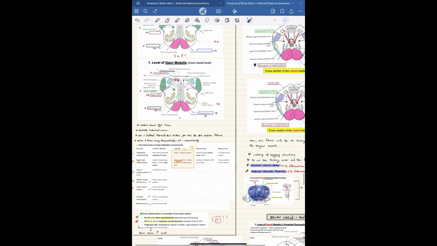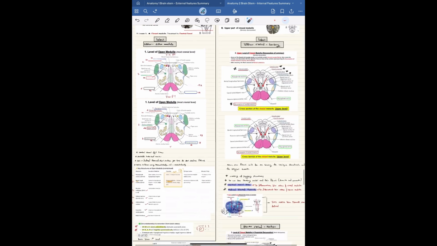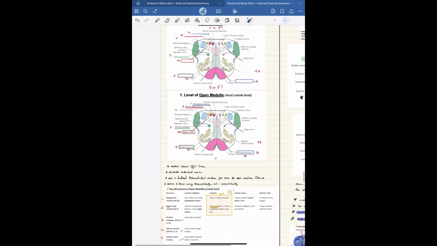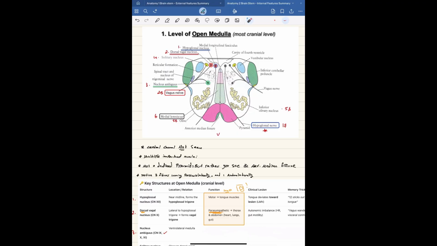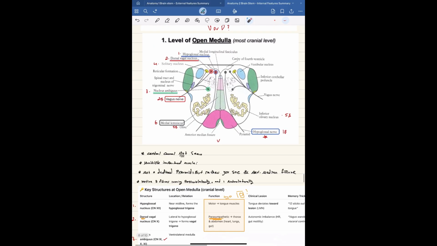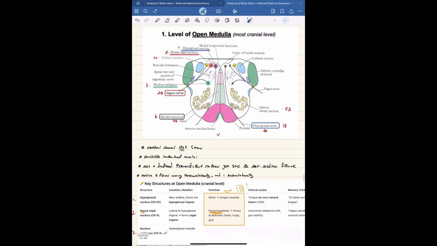Now, I want to bring your attention to something. There are certain features to differentiate between upper medulla and lower medulla, and more features to distinguish between the two parts of the lower, closed medulla. So first, for the open medulla, notice we don't have a central canal.